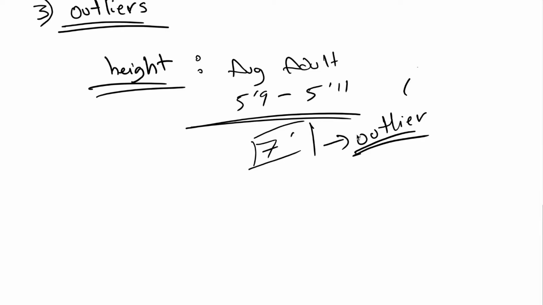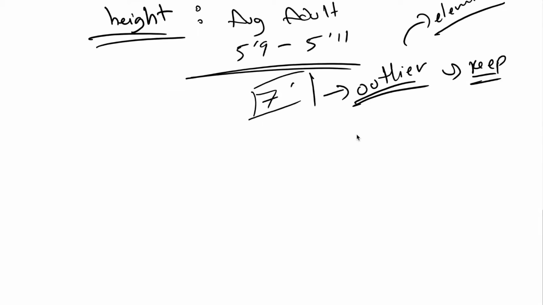You can eliminate these outliers, or you can keep them depending on the type of problem statement you're working with. But this is just an example of heights. In case you want to visualize outliers, I think the best way to do that is by using a box plot.